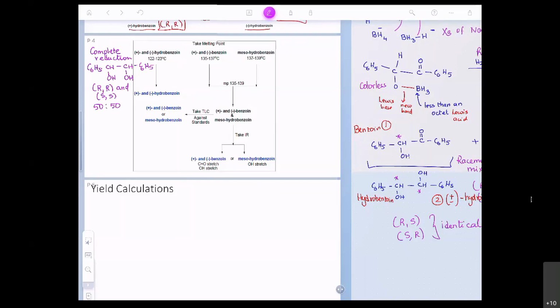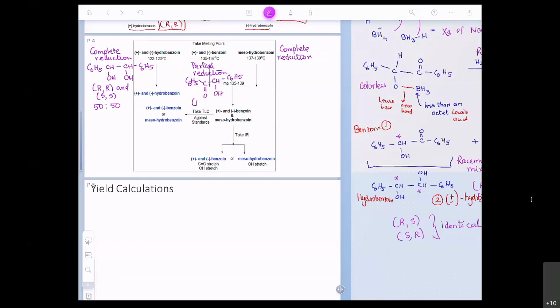But if you get a melting point of 135 to 137, then you either have complete reduction or you have partial reduction. It could be benzoin or meso-hydrobenzoin. Partial reduction is going to be C6H5. One carbonyl is reduced, the other one is not reduced.